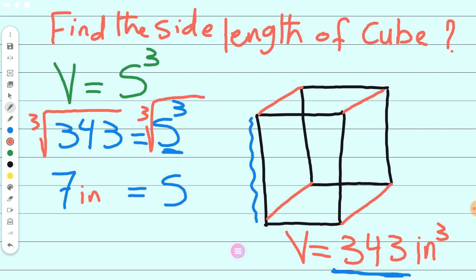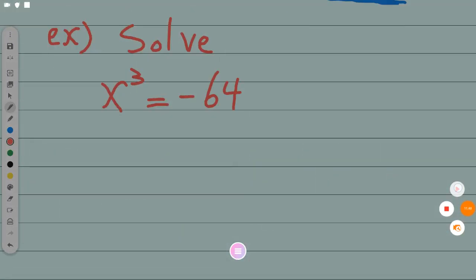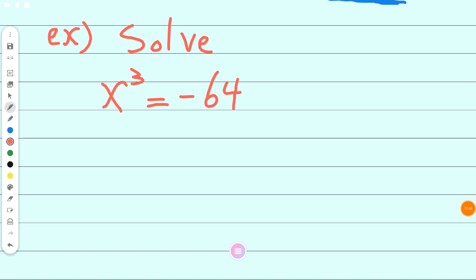What if I have an equation like the following? Solve the equation x to the power 3 equals negative 64. I need only x, so what should I do to both sides? Because this is power 3, we take the cube root of both sides.